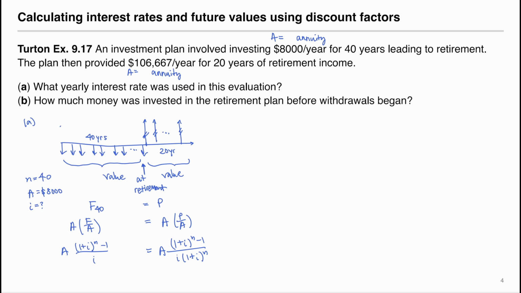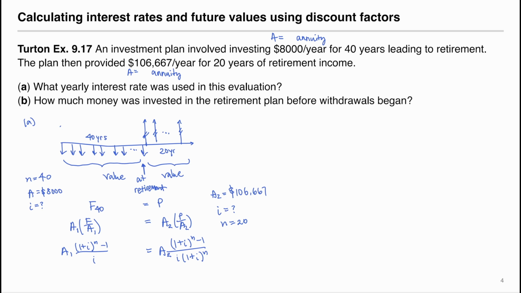To distinguish these two A's, I will put A1 and A2 at the right hand. For the retirement, after retirement, the annuity is A2, 106,667, with the present value here. The interest rate is unknown, and the interest rate is the same as before, and the number of years is 20.